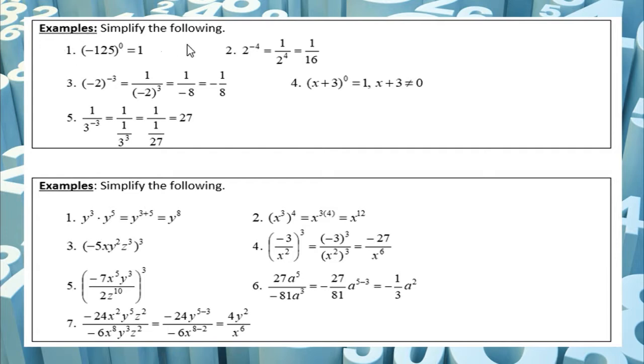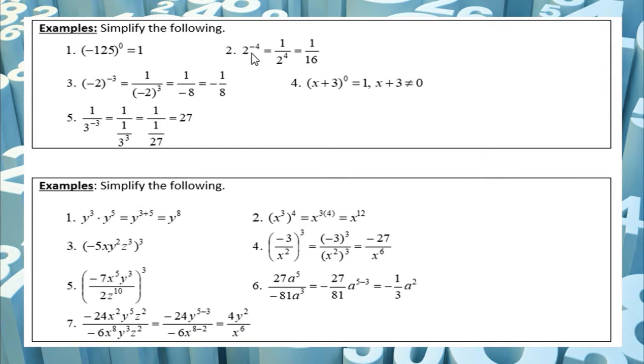Examples. Simplify the following. We have here negative 125 to the power of 0. Since negative 125 is a real number, it is a negative integer, and its exponent is 0, so that is equal to 1. Again, from our remark, as long as the exponent is 0, that is equal to 1.